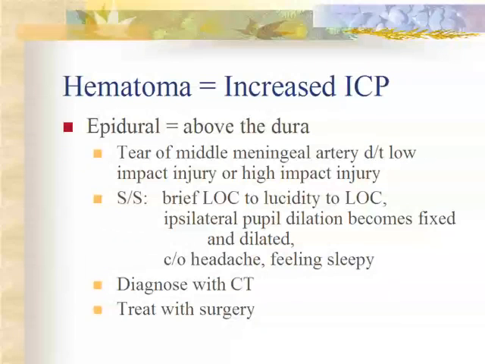Low impact injury is like a fall. High impact injury is like a motor vehicle crash. Symptoms are a brief loss of consciousness to lucidity, so you're awake and aware, and then loss of consciousness later. You'll have ipsilateral pupillary dilatation that becomes fixed and dilated. You'll complain of a headache, feeling sleepy.